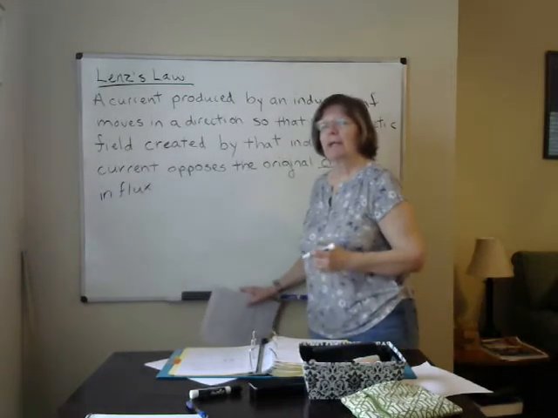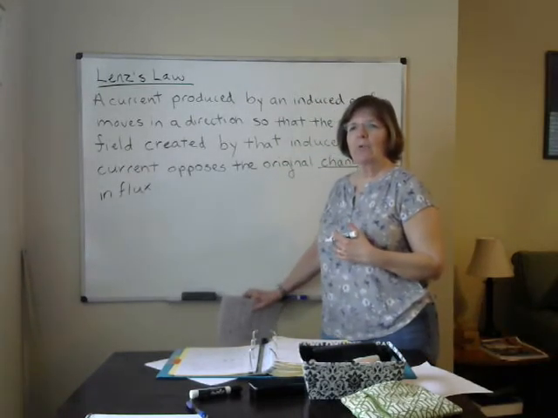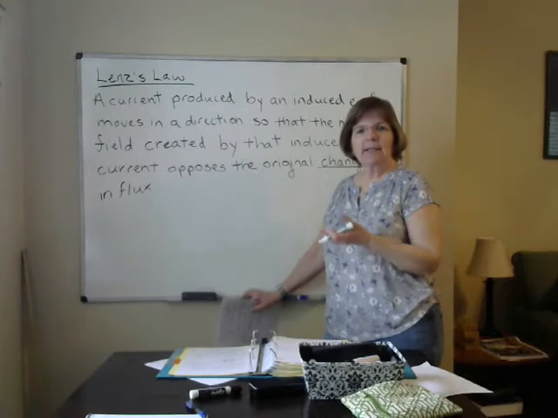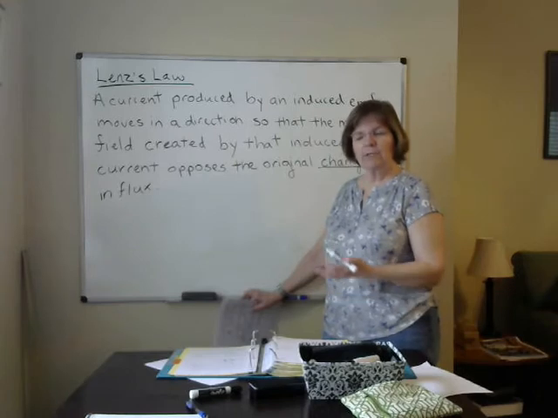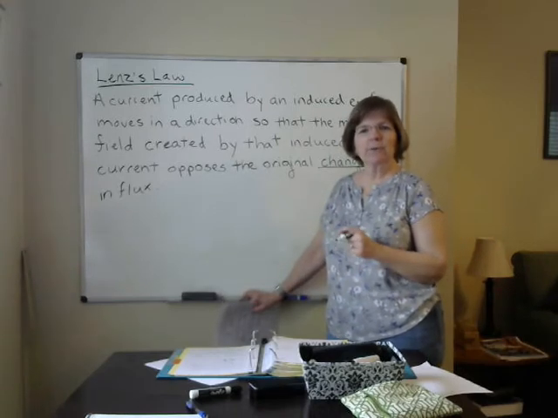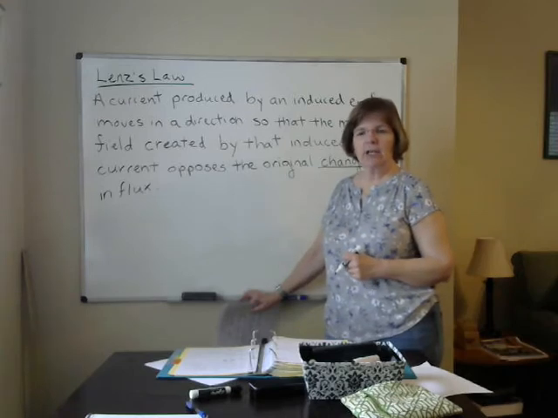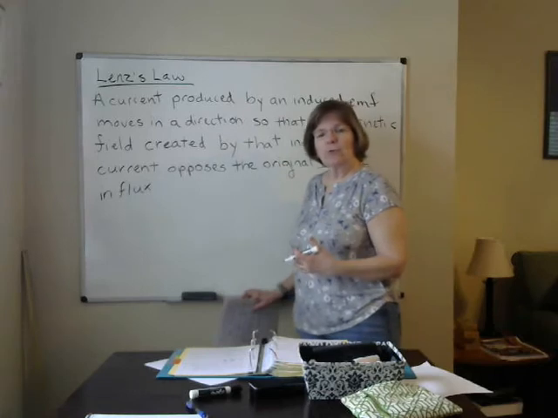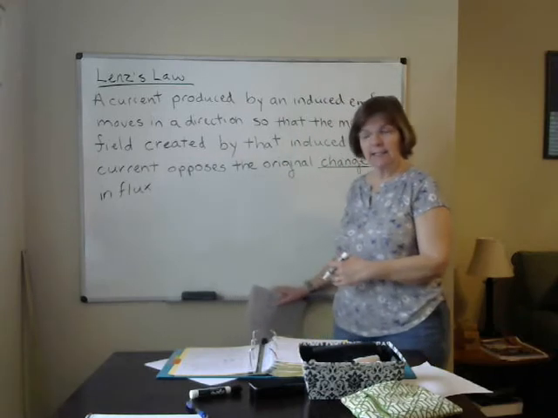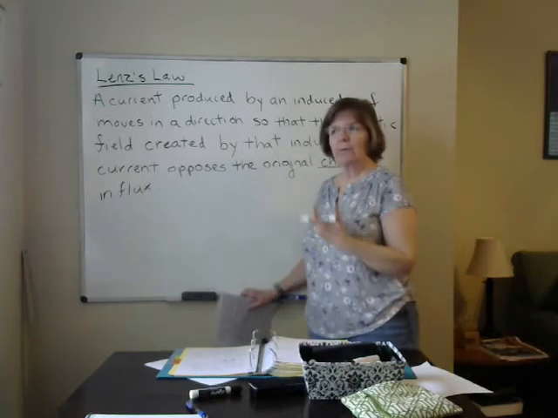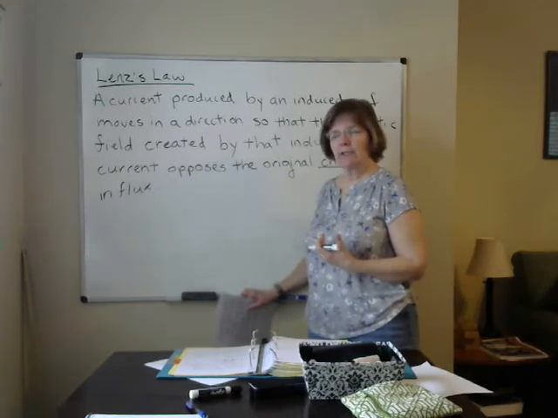Suppose that you have a situation where the magnetic field points north and it's increasing. Well, if it points north and it's increasing, then the induced magnetic field is going to point south to oppose that change. But if the original magnetic field points north and it's decreasing, the induced magnetic field will actually point north. It will oppose the change. Okay?